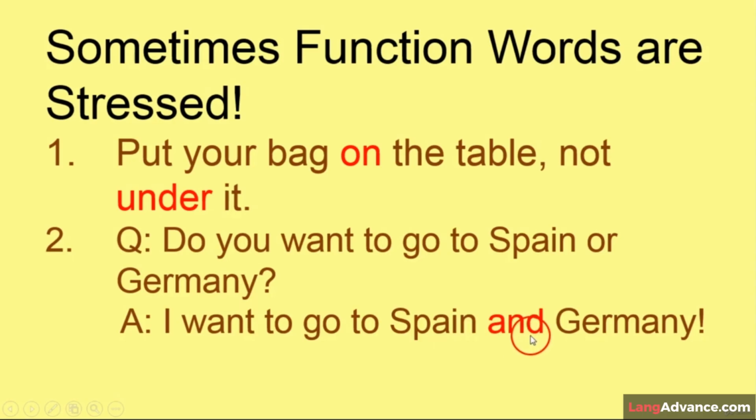The word and is a conjunction, and it's one of the function words. However, I'm putting the stress on it to emphasize that I don't want to have to choose between Spain or Germany. I want to go to both places. So I answer, I want to go to Spain and Germany.